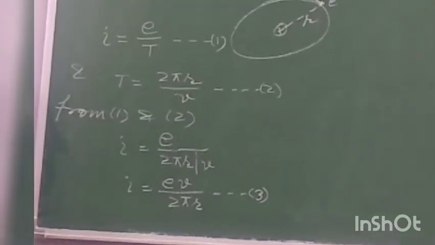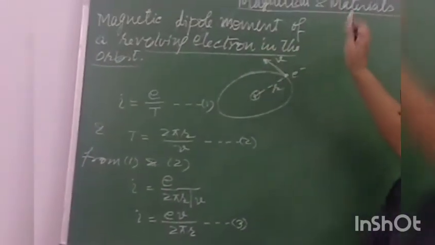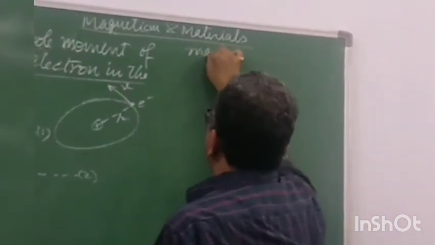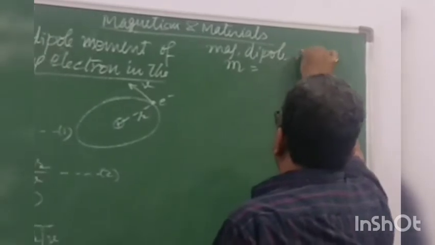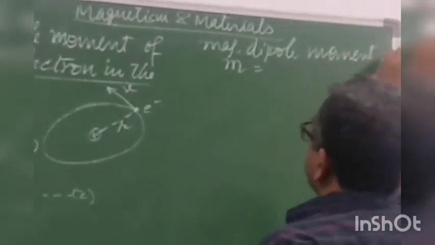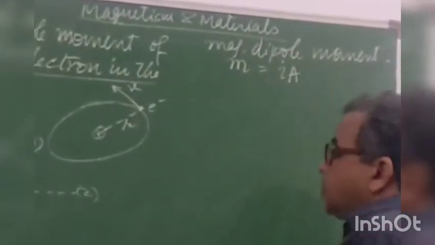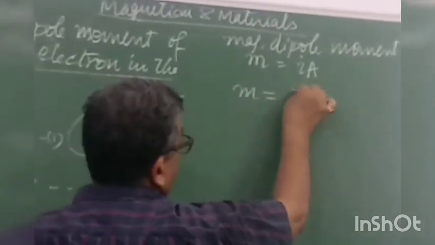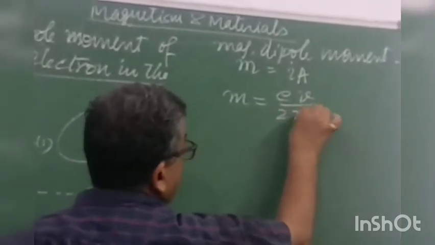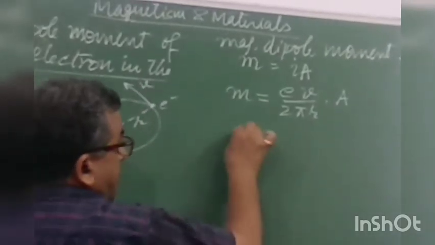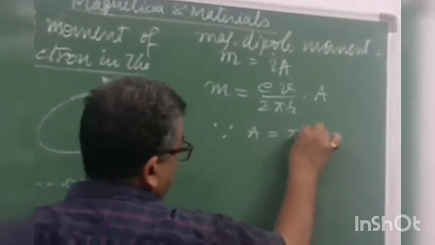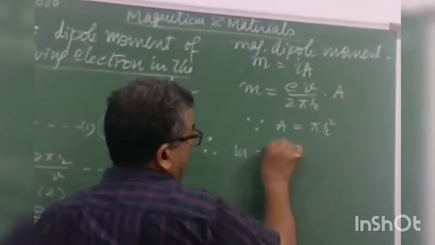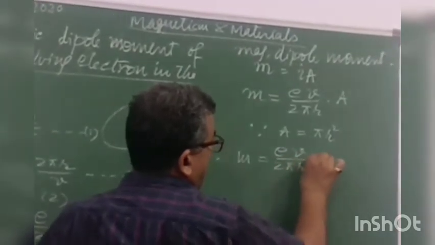Now from the definition of the magnetic dipole moment, M equals to I into A. So from this equation we can substitute the value of I. So M equals to ev upon 2 pi r into A. Since A equals to pi r square, the area of revolution of the electron, therefore M equals to ev upon 2 pi r into pi r square.